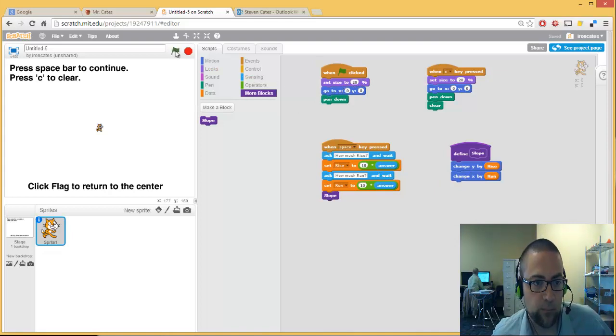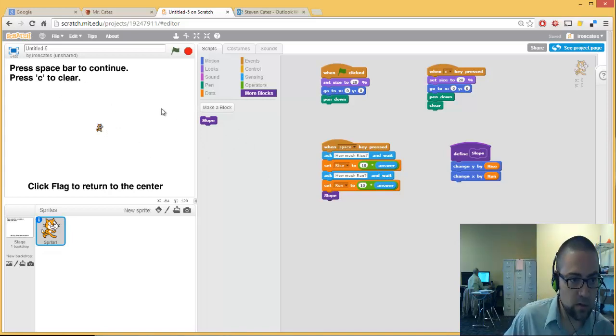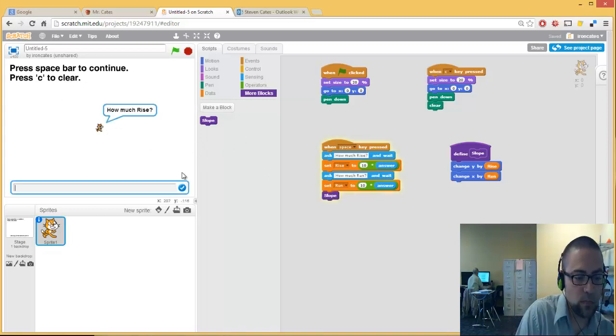Okay, so anyway, let's start over. So we click that, and he goes back to the middle, 0, 0, puts the pen down, and sets his size to 20%. I don't like him being very big right now because I want to see all the slope. So he's going to draw out some stuff. Spacebar to continue. How much to rise? Okay, let's do our 1/2.